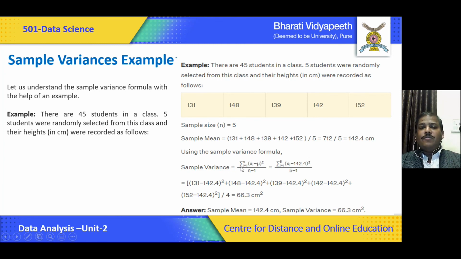So sample variance equals the summation of i equal to 1 to n of (xi minus mu) squared, where n is the total of 5, so i goes from 1 to 5, and mu is your average value 142.4, divided by n minus 1.